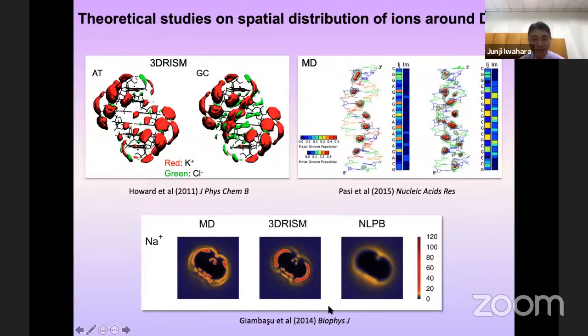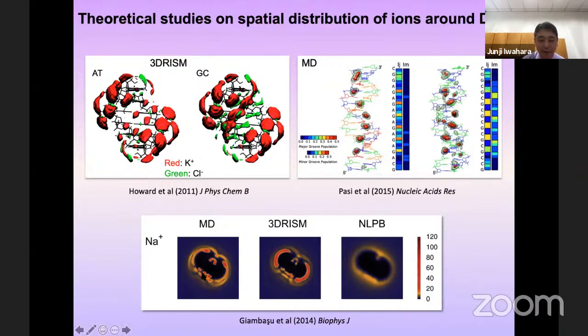It was nicely demonstrated by this group of David Case and Darren York. They compared ion distribution, spatial distribution around the 24 base pair DNA in this paper. And this is a 2D plot of the ion distribution. And this 2D plane is perpendicular to DNA axis.